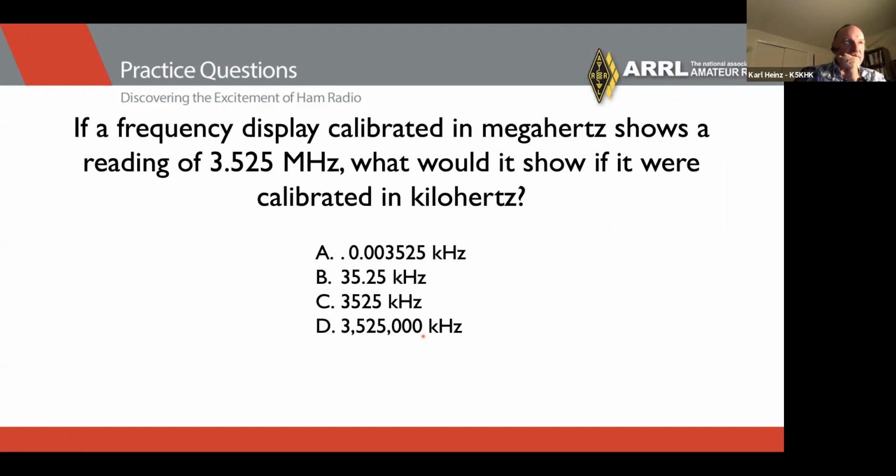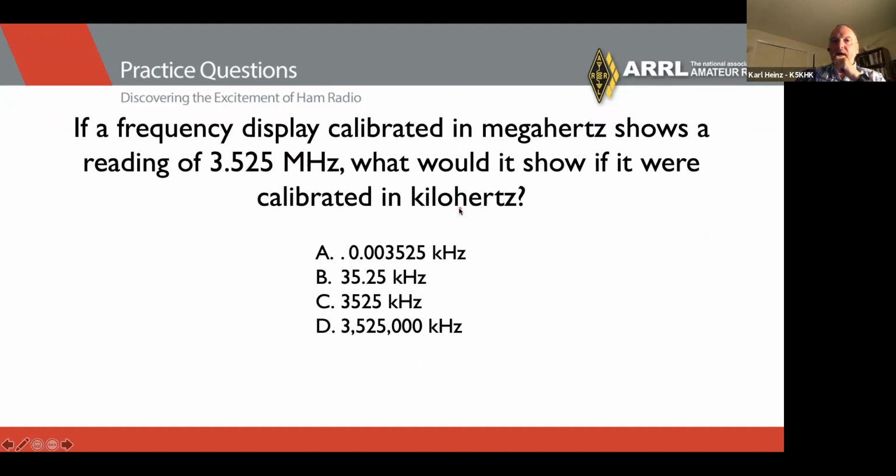I think we have a few more. If a frequency display calibrated in megahertz shows a reading of 3.525 megahertz, what would it show if it was calibrated in kilohertz? So again, forget about all the verbiage around those two numbers. We have 3.525 mega and 1 kilo.